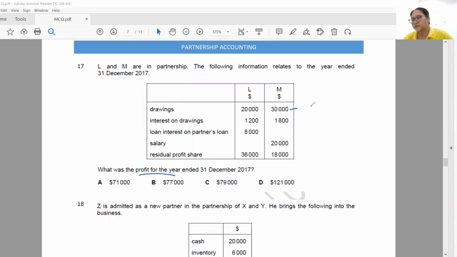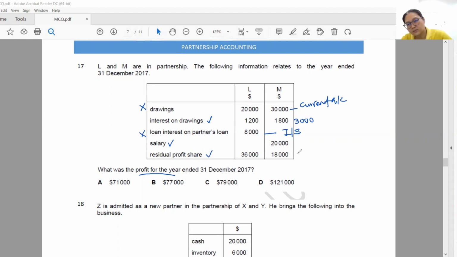This is under the current account. Interest on drawing, the total is 3,000. Loan is under the income statement, so these two will not be included. Salary, yes, these two are related to the appropriation account. Residue is an appropriation account.